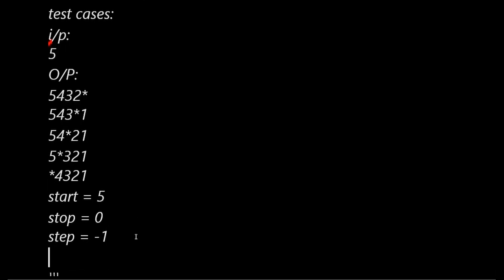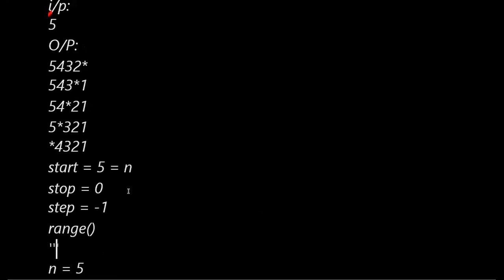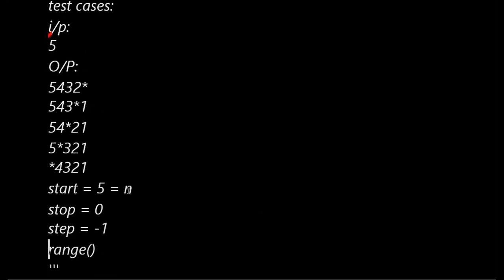So to generate the sequence, what do I need to do? I need to use a range function. So first I need to provide my start, which is nothing but n.